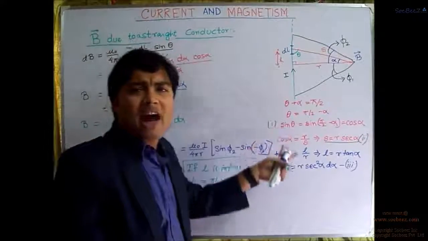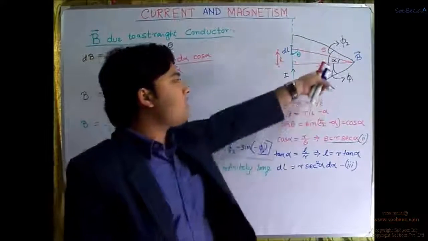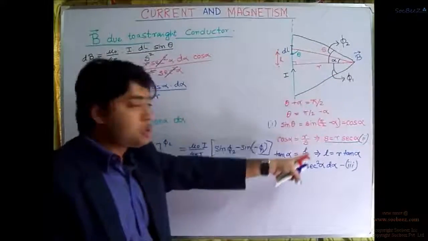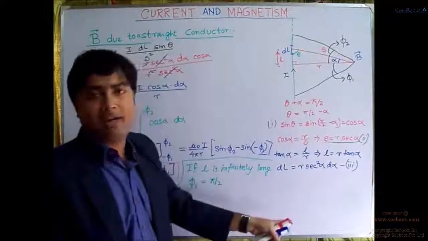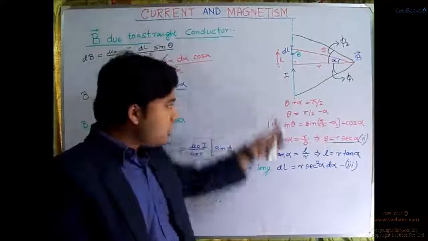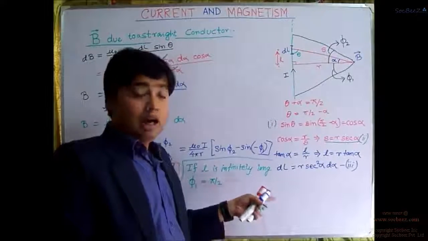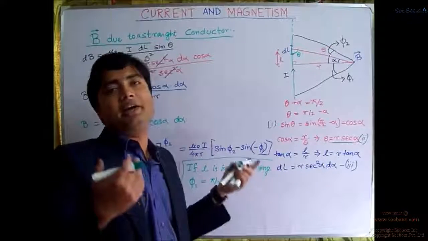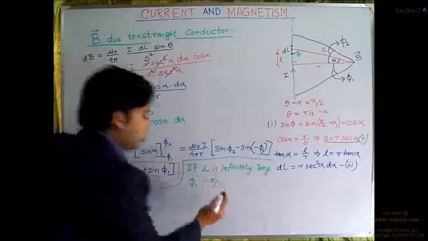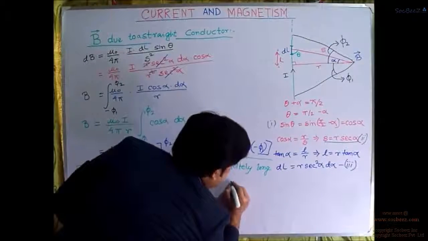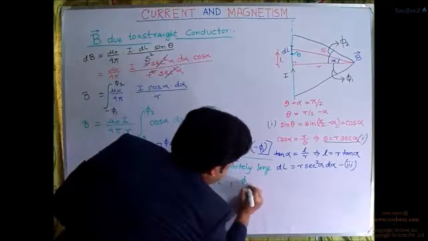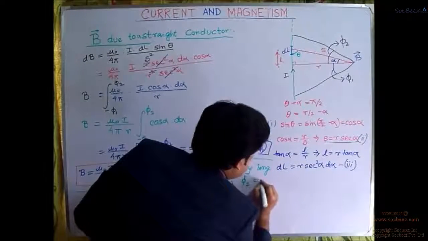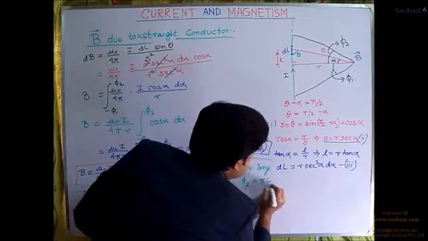For example, it may be 30 degrees, then increase to 45 degrees, then 60 degrees, then 75 degrees, and as you increase in this direction toward infinity, it will seem as if it is 90 degrees, or pi by 2. Likewise, the same applies for phi 2. Phi 2 is again equal to pi by 2.